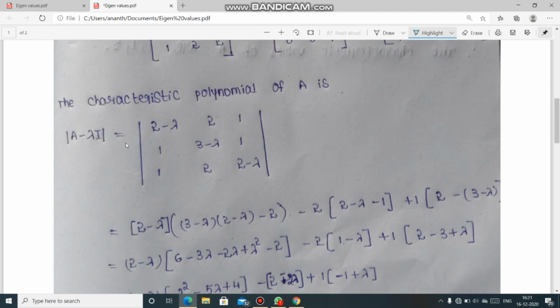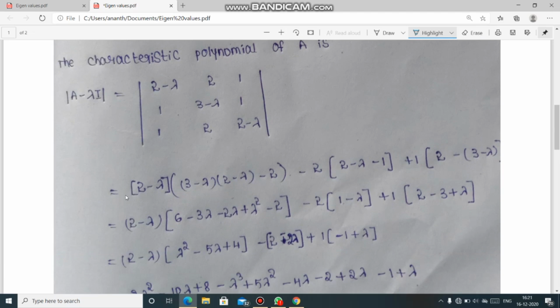We already know how to find the determinant of this matrix: it equals (2-λ)[(3-λ)(2-λ) - 2] - 2[1(2-λ) - 1] + 1[2 - (3-λ)].